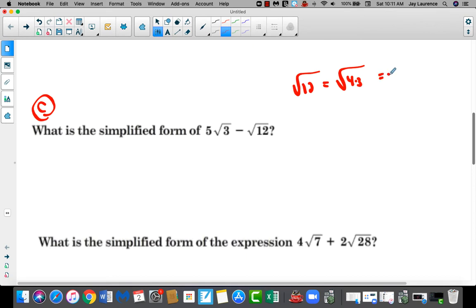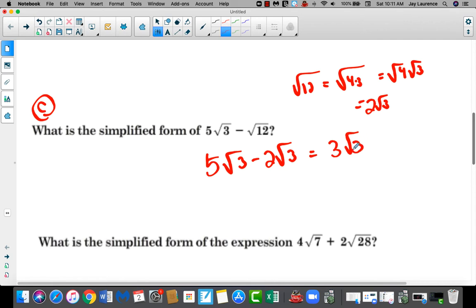And so that's the same as rad 4 times rad 3, or better yet, 2 rad 3. And so now the problem in disguise is really 5 rad 3 minus 2 rad 3, which is simply 3 rad 3. Yeah, it's that easy, ladies and gentlemen.